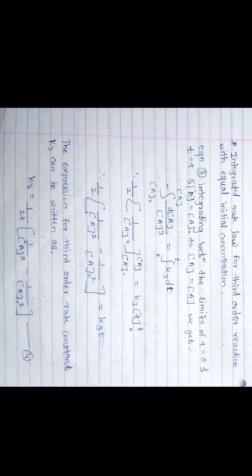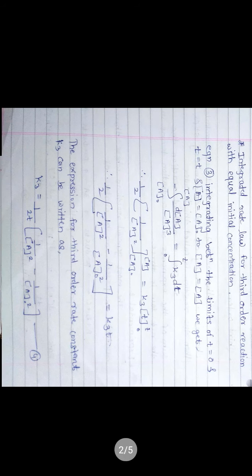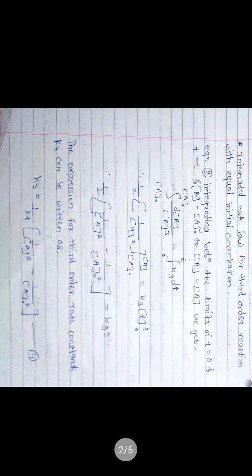Therefore, 1 half into 1 upon A squared minus 1 upon A0 squared is equal to K3 t. The expression for the third order rate constant K3 can be written as K3 is equal to 1 upon 2t into 1 upon A squared minus 1 upon A0 squared.